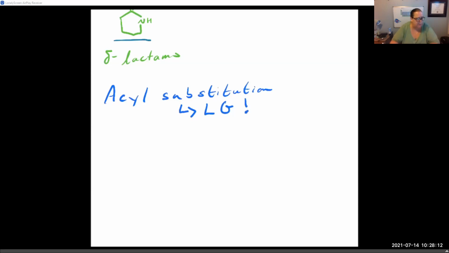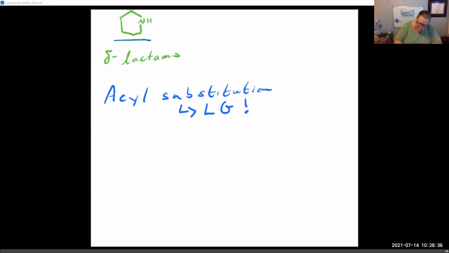You must have a good leaving group. The molecule can either come with a good leaving group, or what can we do? We can turn a bad leaving group into a good leaving group, which we've been doing since chapter 9, when we were taking our alcohols and turning OH, which is an awful leaving group, into a better leaving group. That's what we're going to do here with these so-called bad leaving groups.